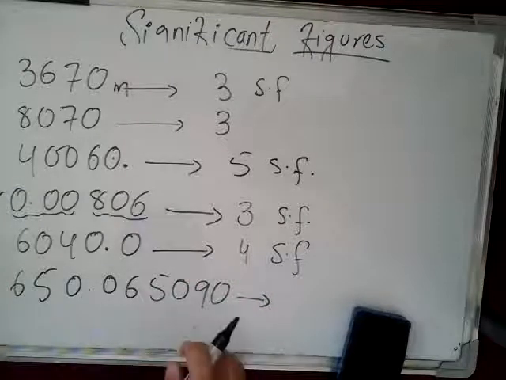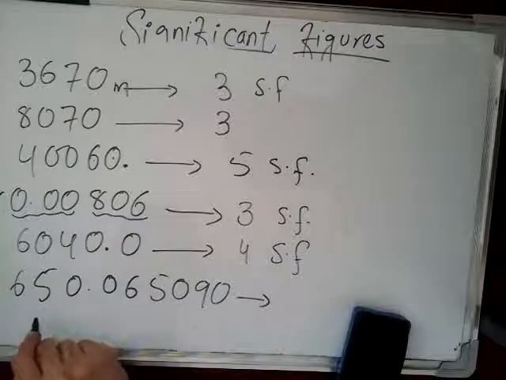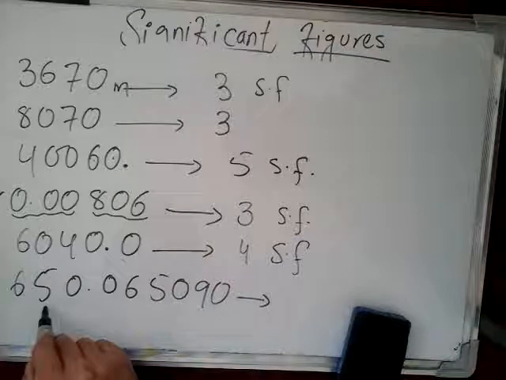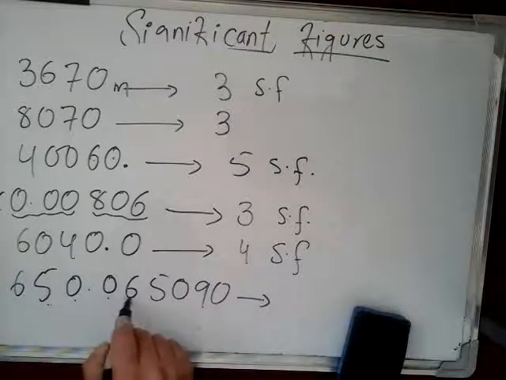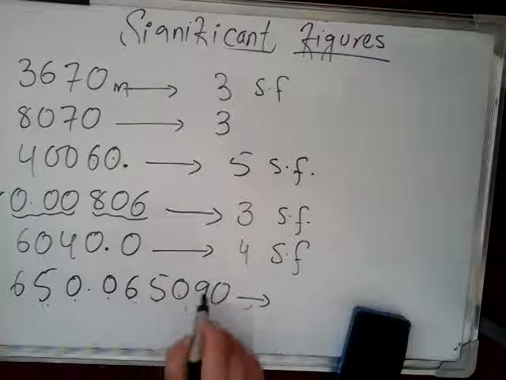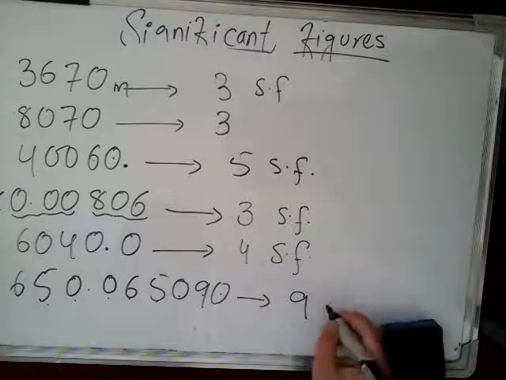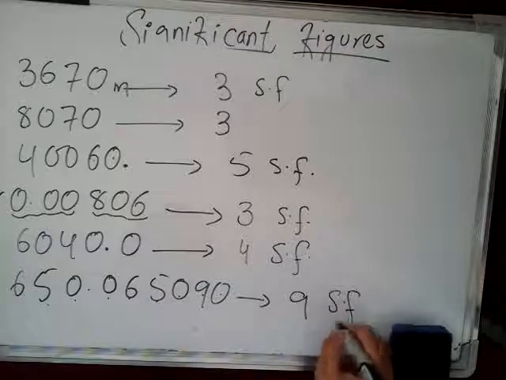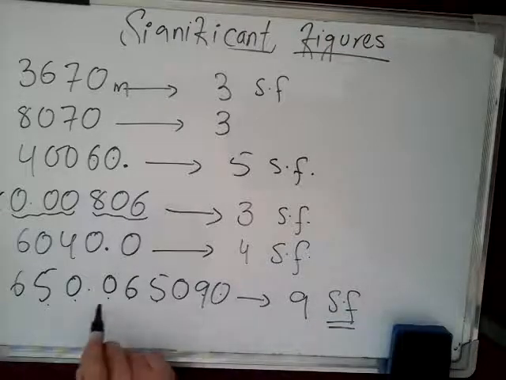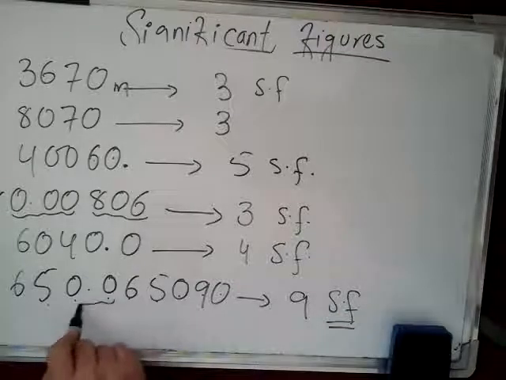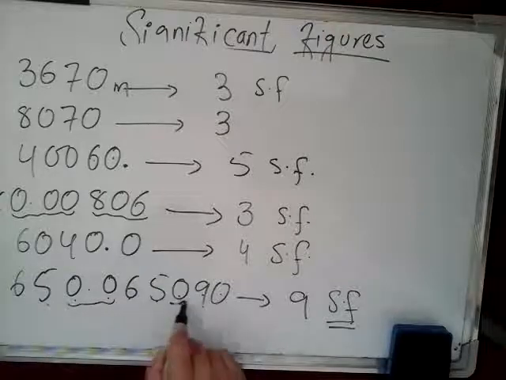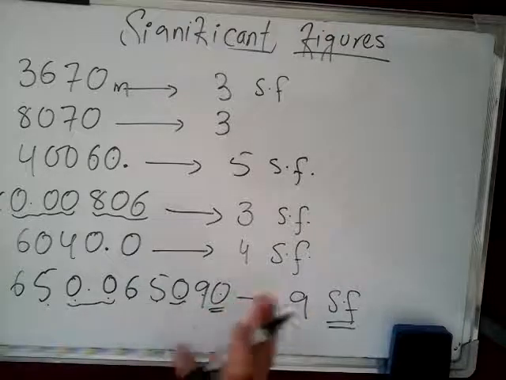Now again, how many significant figures are there? 1, 2, 3, 4, 5, 6, 7, 8, 9. 9 significant figures, because all the zeros are present between natural numbers, and this one is on the right side.